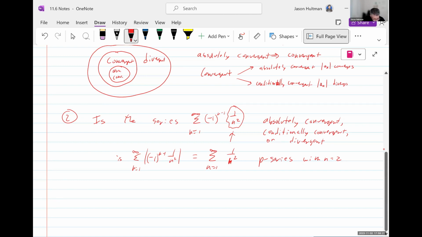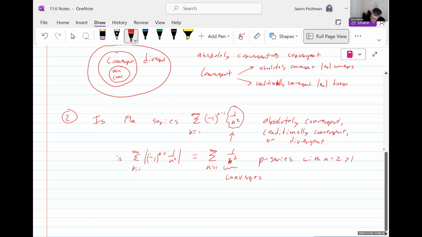And so since that's greater than 1, this thing converges. Which means that if the non-alternating series converged, then the alternating series we get for free, it comes along for the ride.